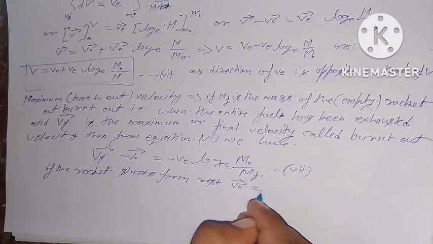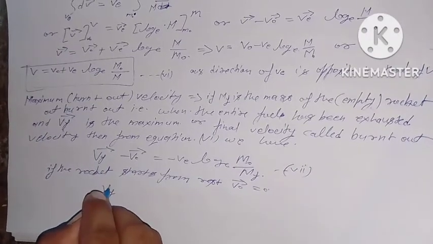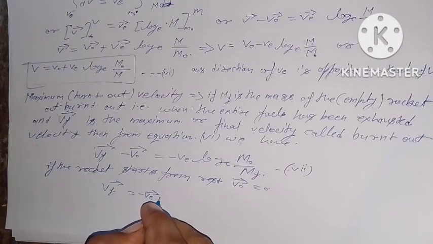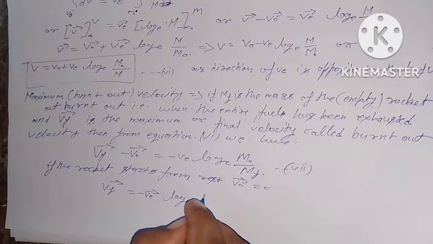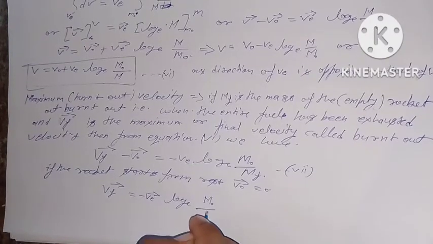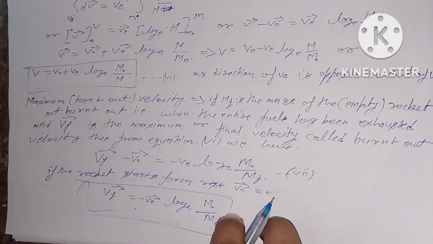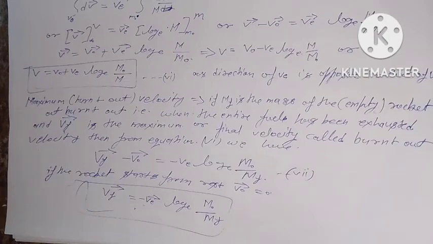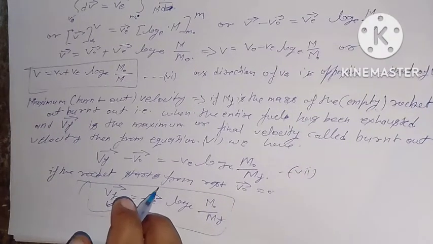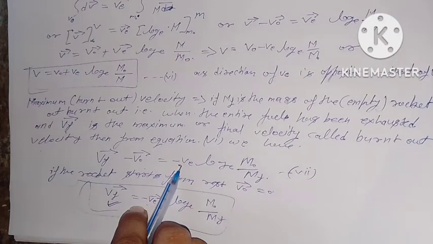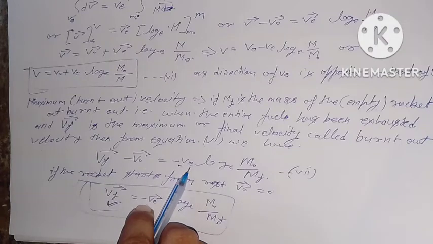The negative sign indicates that the velocity imparted to the rocket Vf is in the direction opposite to the velocity of the ejected gases. If the rocket starts from rest, V naught vector equal to 0, then Vf equal to minus ve log e capital M naught upon MF, where Vf is the maximum or final velocity.